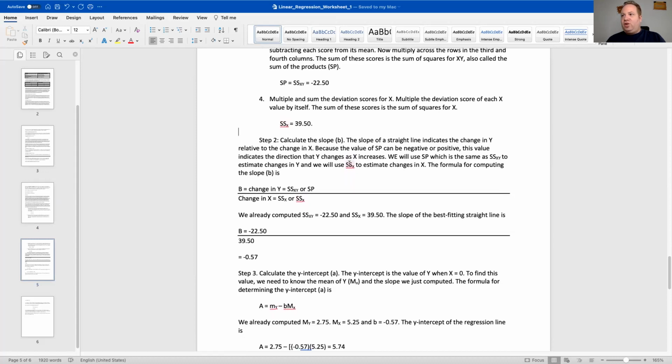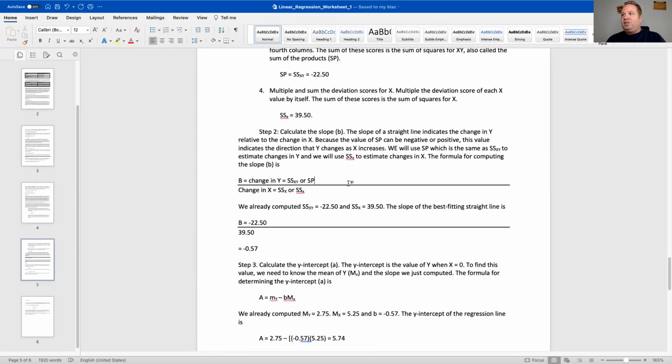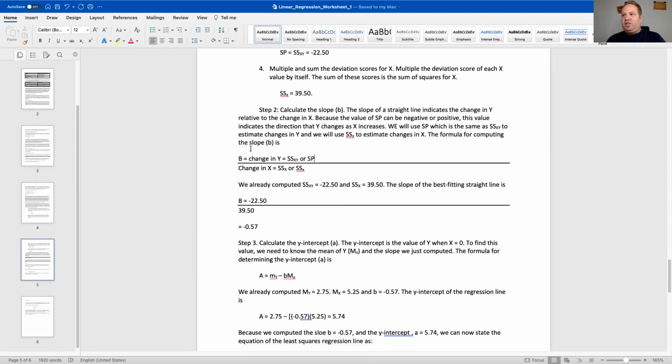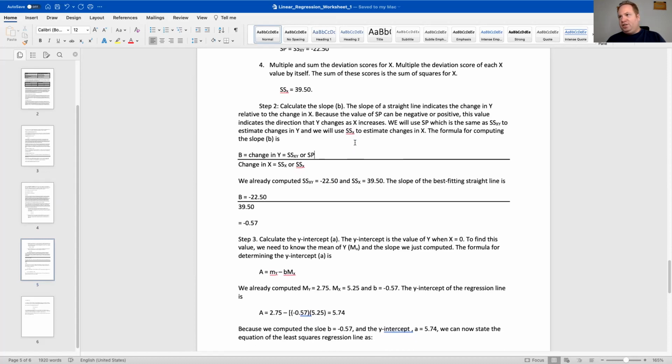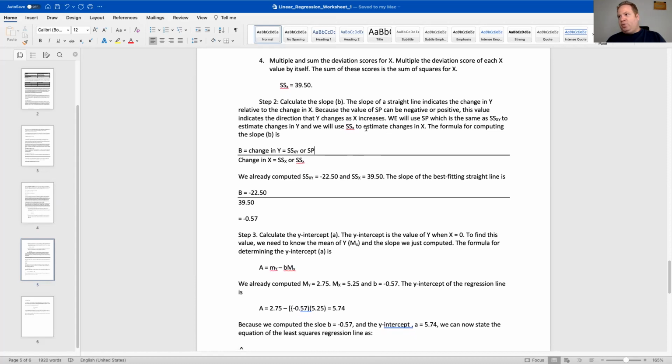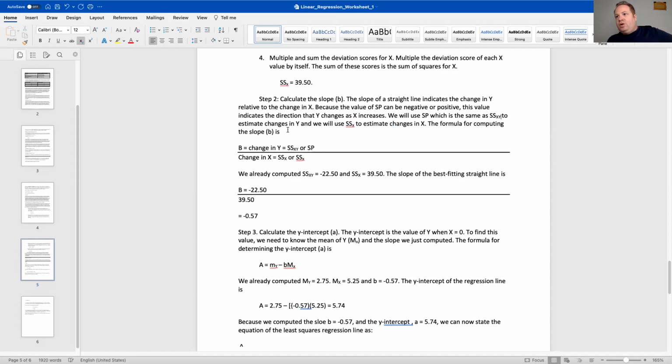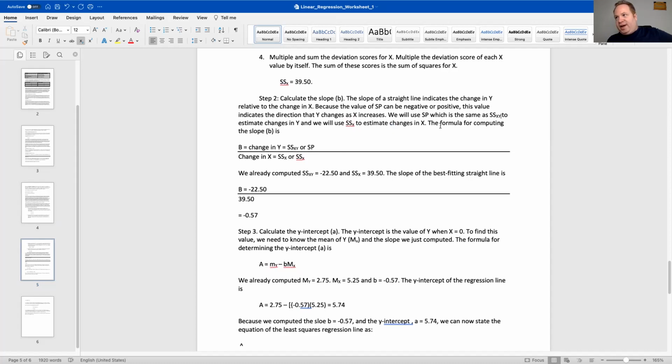Step 2, calculate the slope. The slope of a straight line indicates the change in y relative to the change in x. Because the value of SP can be negative or positive, this value indicates the direction that y changes as x increases. We will use the sum of the products, which is the same as SS, the sum of the squares xy, to estimate the changes in y, and we'll use the sum of the squares x to estimate the changes in x.